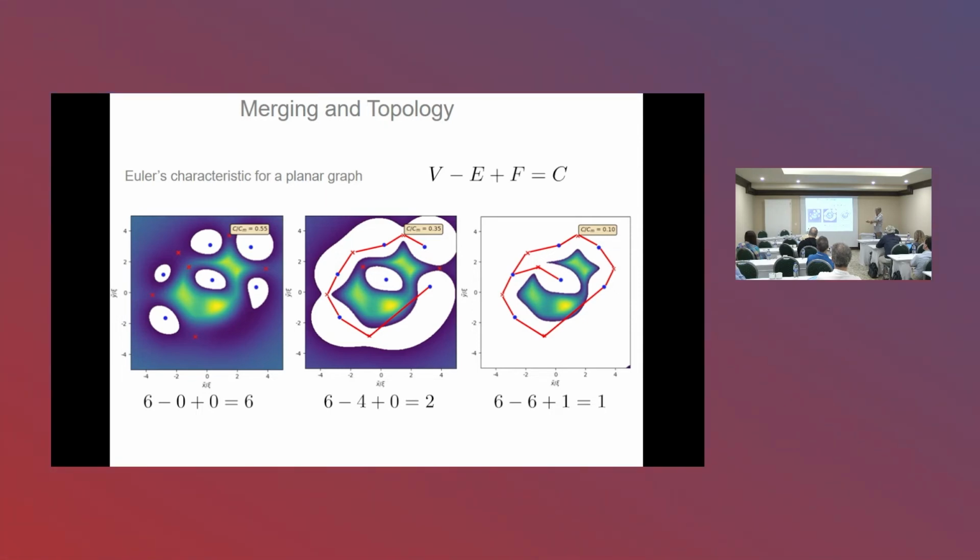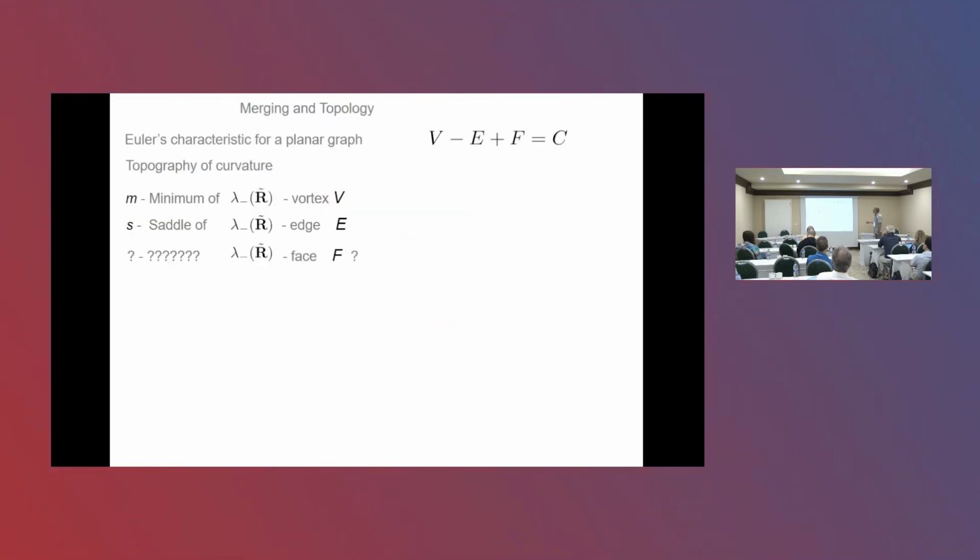And when we have the smallest closed ring of saddles, it gives us a face, and that's how this Euler formula works. So what is the relation between this graph theory and this? Well, first of all, we know that vortices are minima of this lowest eigenvalue.